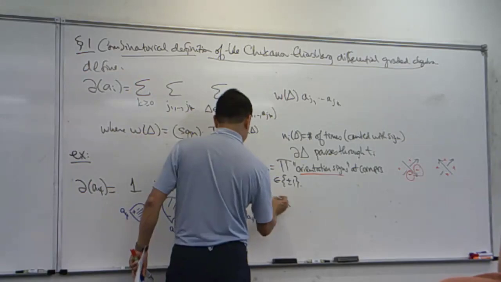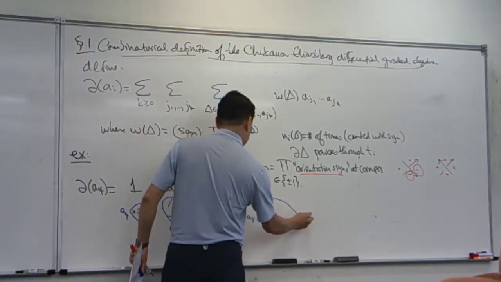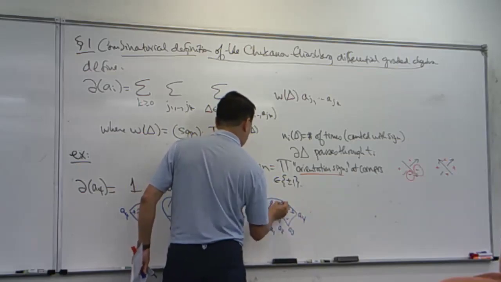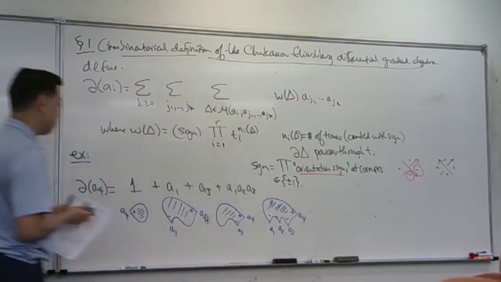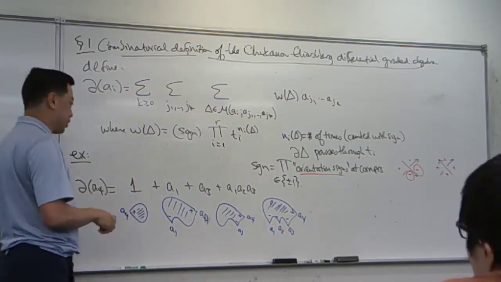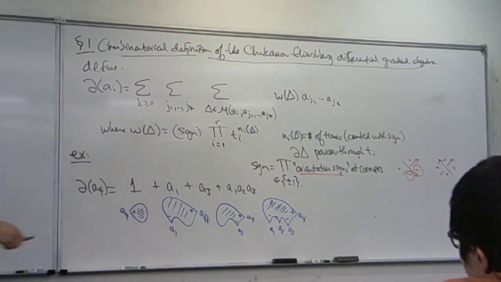That, and then A1, A2, A3. In fact, the way I set up the orientations and such, all of these are plus signs. None of them pass through the base point, so it just happens.